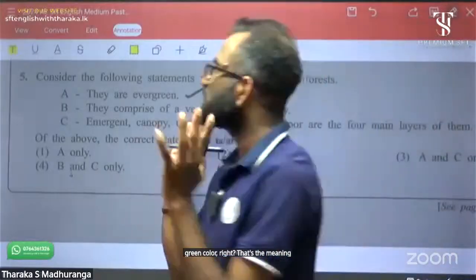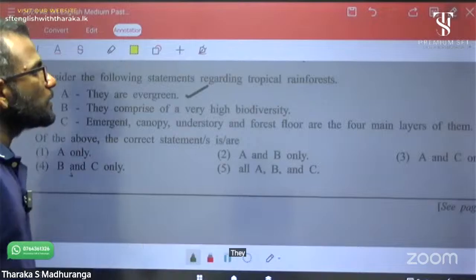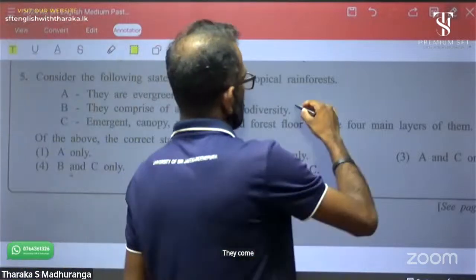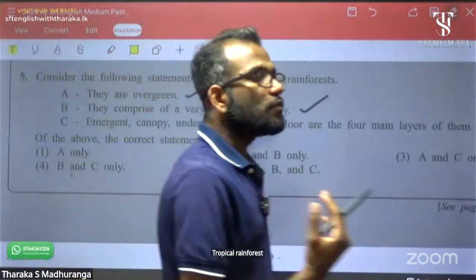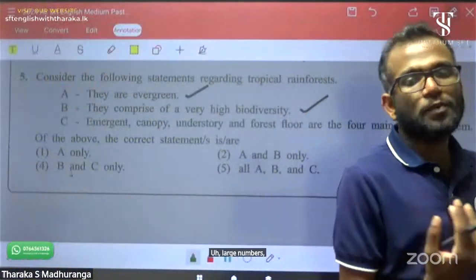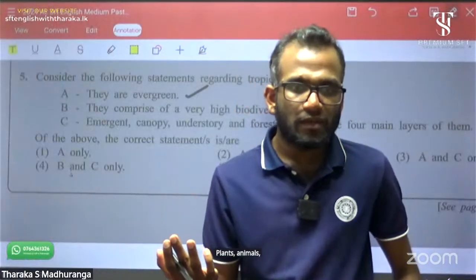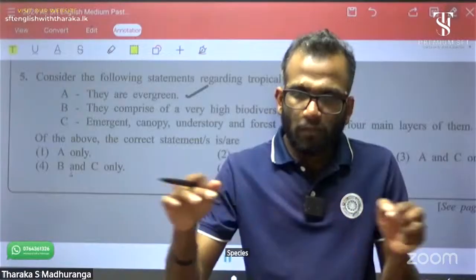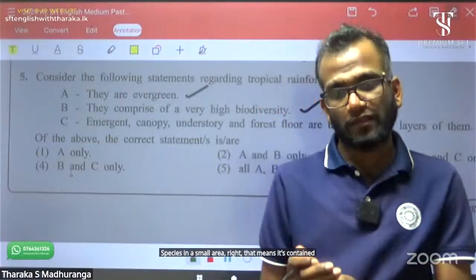They comprise very high biodiversity. Yes, a tropical rainforest has a large population of plant and animal species in a small area, right? That means it contains huge biodiversity.